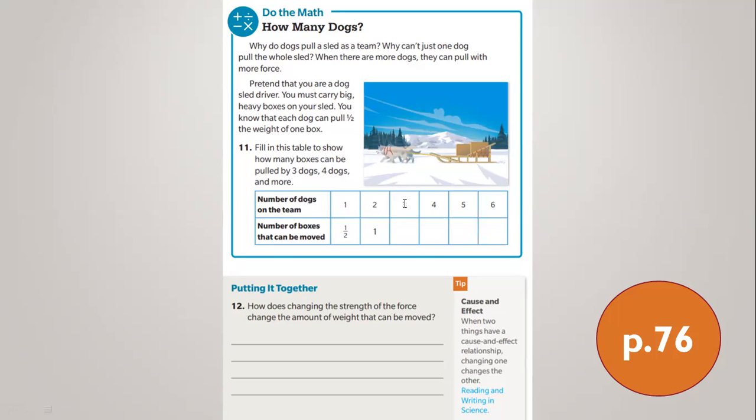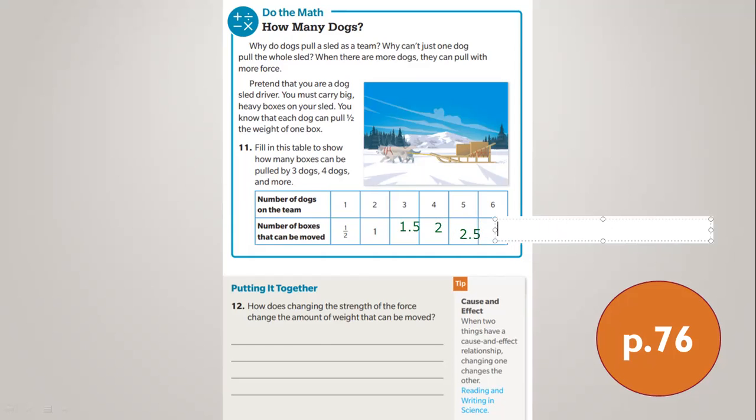And 3 dogs, half and half and half, which is 1 and a half boxes. What about 4? Half and half and half and half. 4 halves equal 2. Excellent. What about 5? 5 dogs will carry 5 halves, 2.5 boxes.